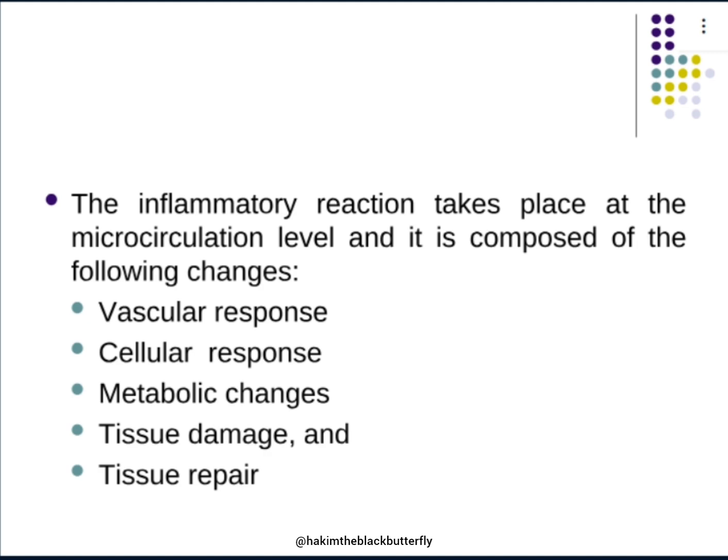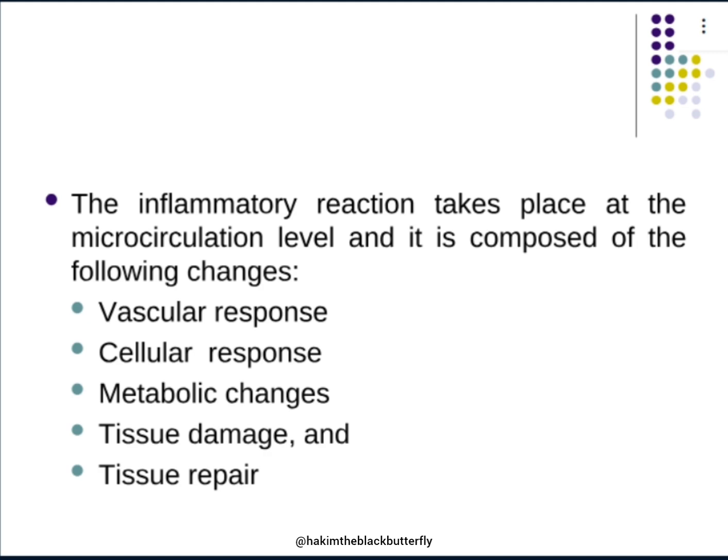Now, number two, the cellular response. The cells begin by doing what we call pavementing. Pavementing means they come out of the mainstream blood, they begin to pave like a pavement to move along the endothelium where they are looking for exit through the highly permeable blood vessel to the extravascular compartment.